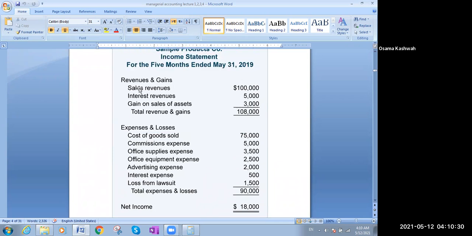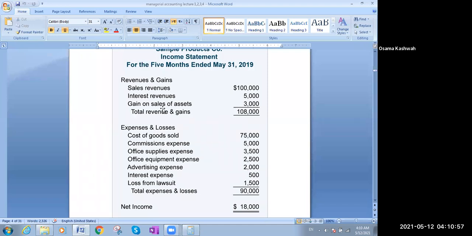As an example, here we have the revenues, like the sales revenues, my sales operation, how much I earned from the sales. It equals the number of units sold times the price of each. Interest revenues is money coming to me. For example, I put money in the bank and this money gives me, as a company, interest. So this is earnings.